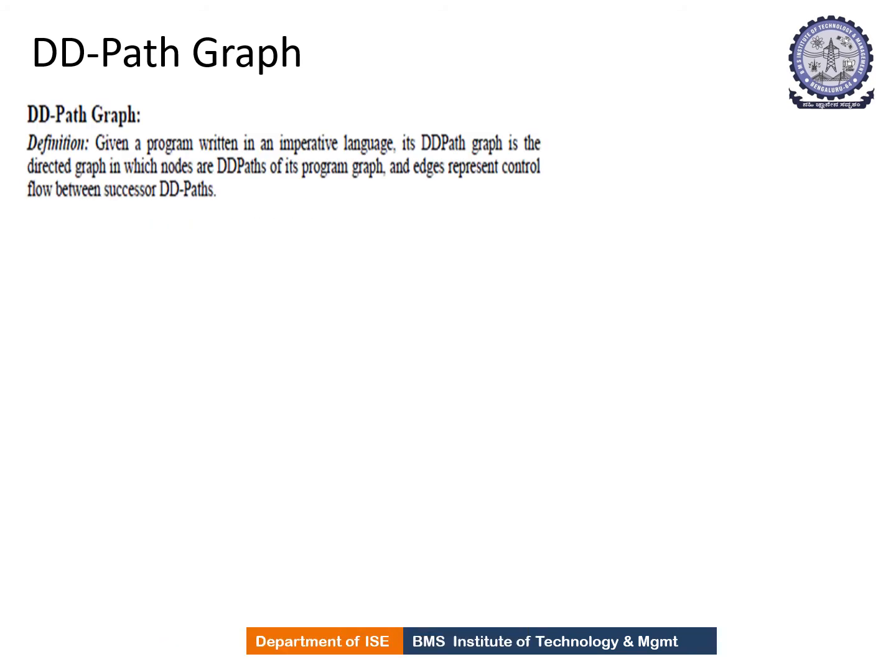Now we will see how we arrive at the DD path graph for a given program flow graph for the triangle problem statement. Before that, let's recall the classical definition of a DD path given in the textbook by Paul Jorgensen. Definition: given a program written in an imperative language, a DD path graph is the directed graph in which nodes are DD paths of its program and edges represent control flow between successor DD paths.